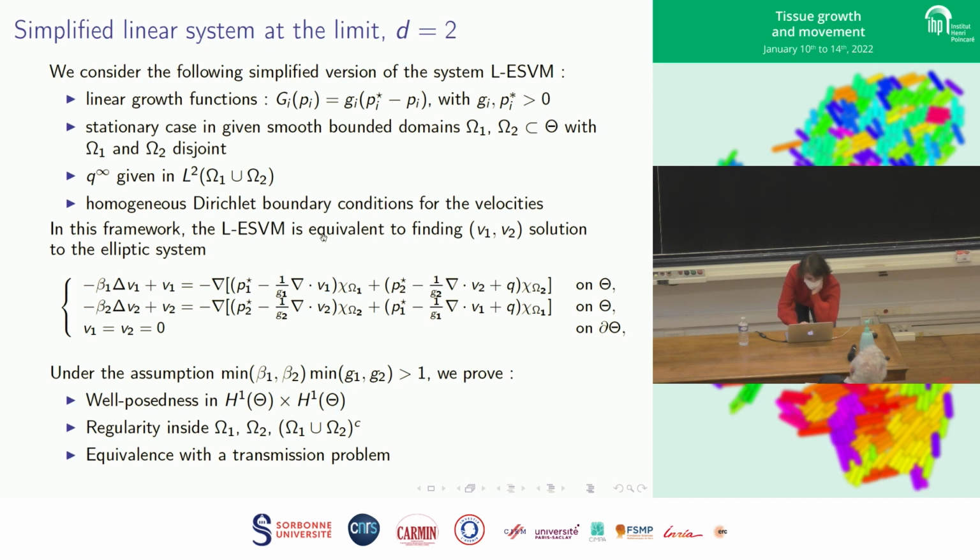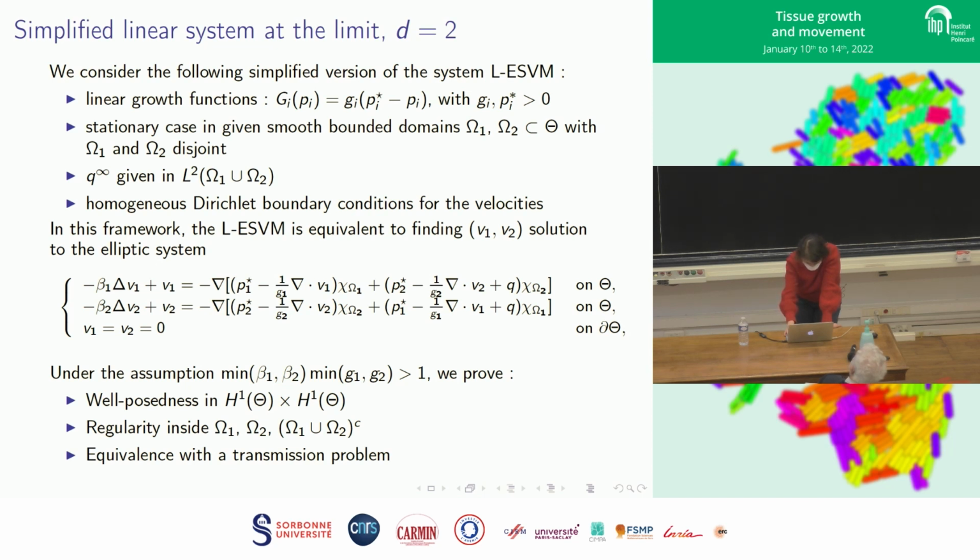So in this framework, I can rewrite the system as an elliptic system for V1 and V2 in a bounded domain theta. And under some assumption on the parameters, I can prove the well-posedness in H1, so I have velocities that are continuous, which is nice. If I want to compute the velocity of the domain, it's better that the velocities don't have jumps at the boundary.